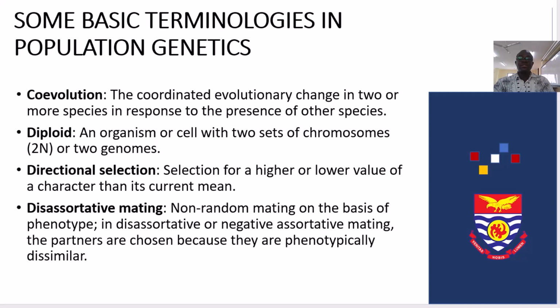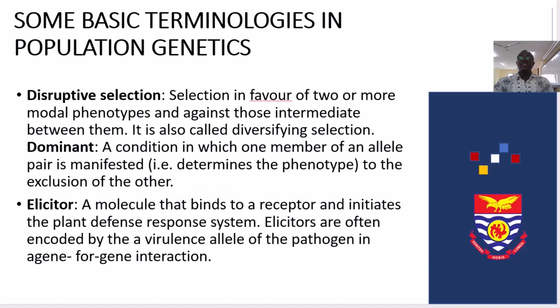Directional selection: selection for a higher or lower value of a character than its current mean. Disassortative mating: non-random mating on the basis of phenotype. In disassortative or negative assortative mating, the partners are chosen because they are phenotypically dissimilar. Disruptive selection: selection in favor of two or more modal phenotypes and against those intermediate between them.